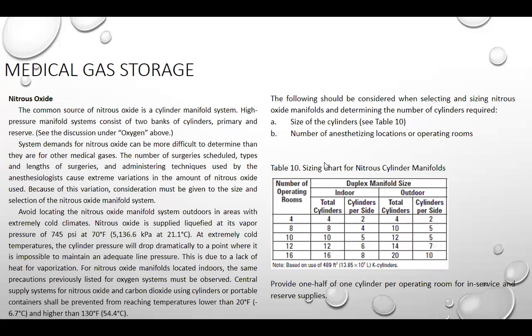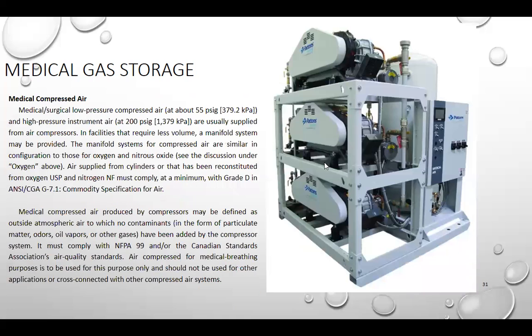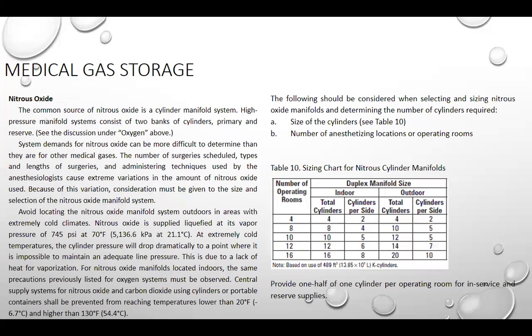So next, nitrous oxide. The common source of nitrous oxide is a cylinder manifold system. A high pressure manifold system consists of 2 banks of cylinders, primary and reserve. See the discussion under oxygen above. System demand for nitrous oxide can be more difficult to determine than for other medical gases.